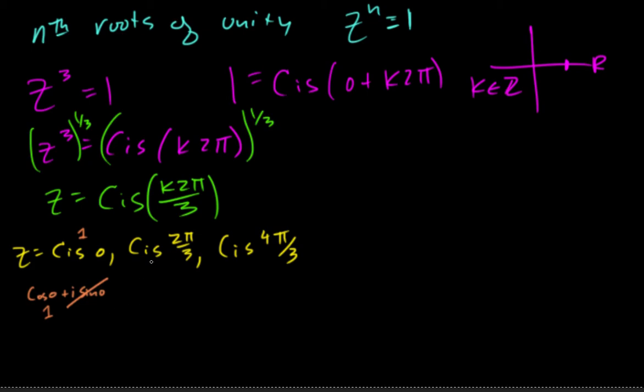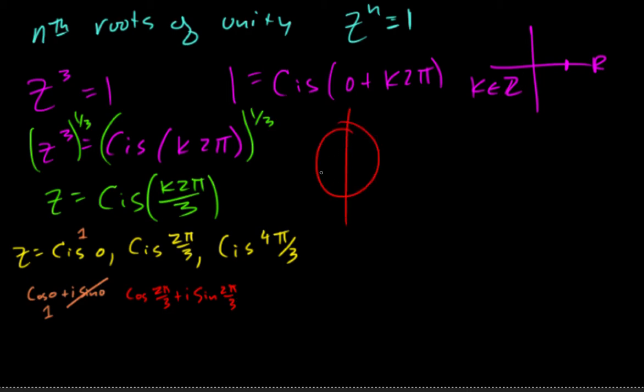For this one, it's going to be cos 2 pi thirds plus i sine 2 pi thirds. And so if we're on this diagram right here, 2 pi thirds is about 2, so with our estimation, it's going to be somewhere over here.